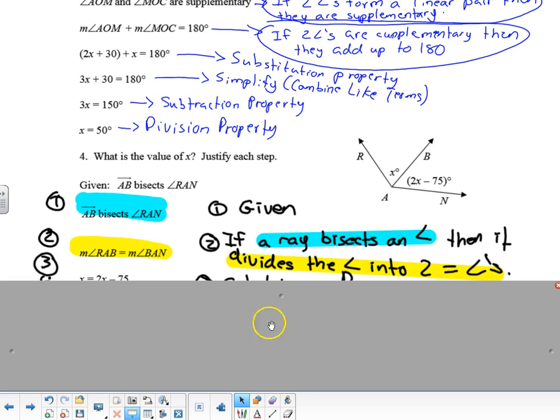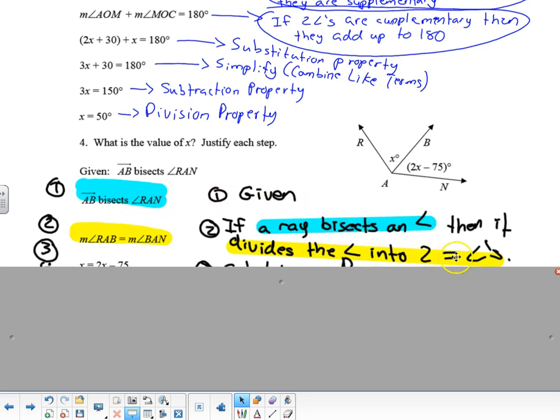What I'm trying to show you here with these highlighters is that this first part of our if-then, if a ray bisects an angle, I want us to notice that we've said that's true back in step 1. AB bisects angle RAN, then it divides the angle into two equal angles. So the statement in step 2 is connected to the conclusion of this. The conclusion is the part that comes after then.